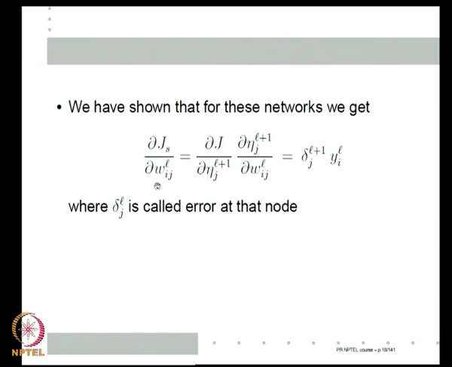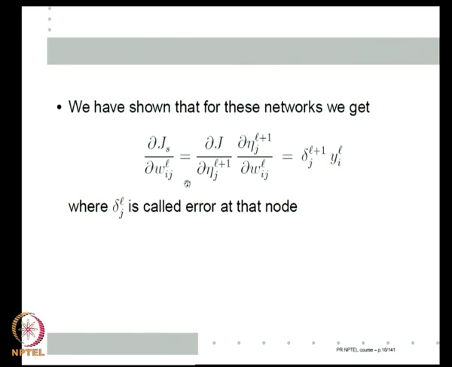So, this W_ij^L connects node i layer L to node j layer L plus 1. I take the output at the input end of that arrow and the error at the output end of that arrow. I multiply the error at node j L plus 1 with the output at node i L, and that product gives me the required partial derivative.